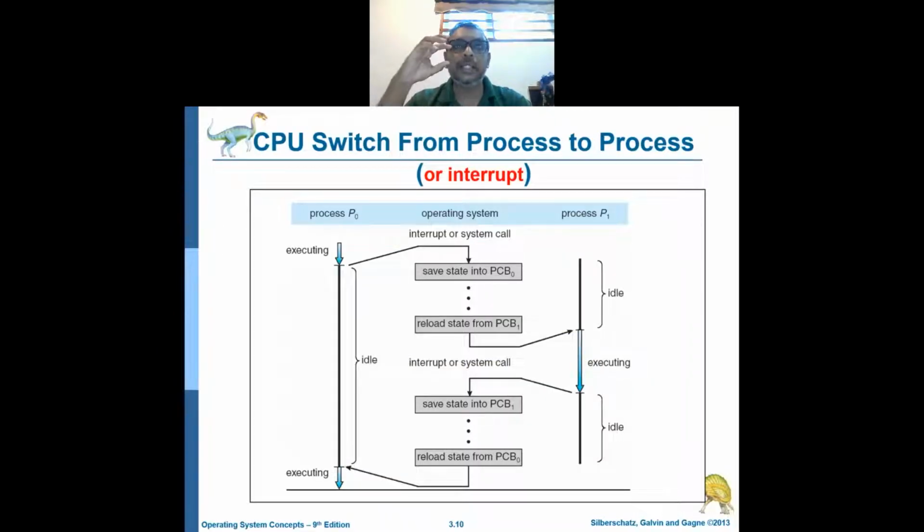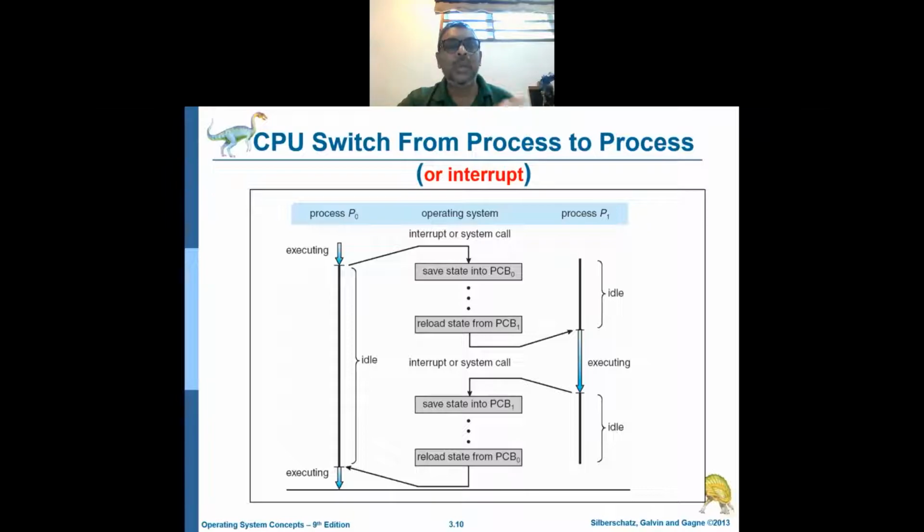In this diagram, it shows how the CPU switches from one process to another process. What does that mean? Simply, it means you are running Microsoft Word, but how do you suddenly move to PowerPoint?